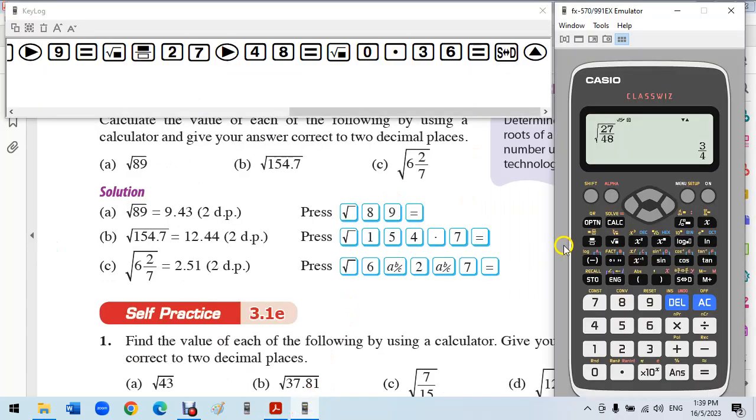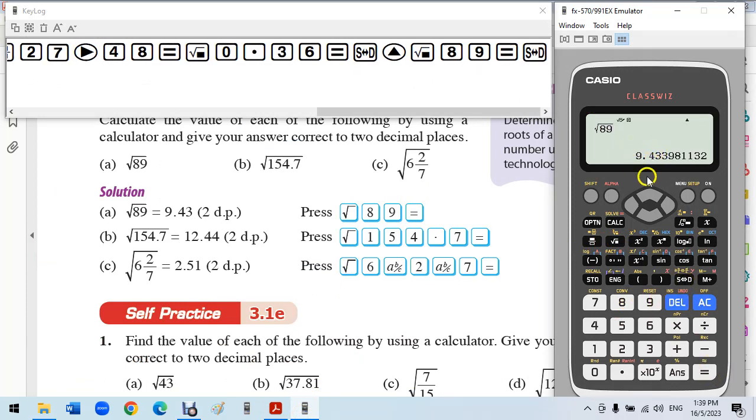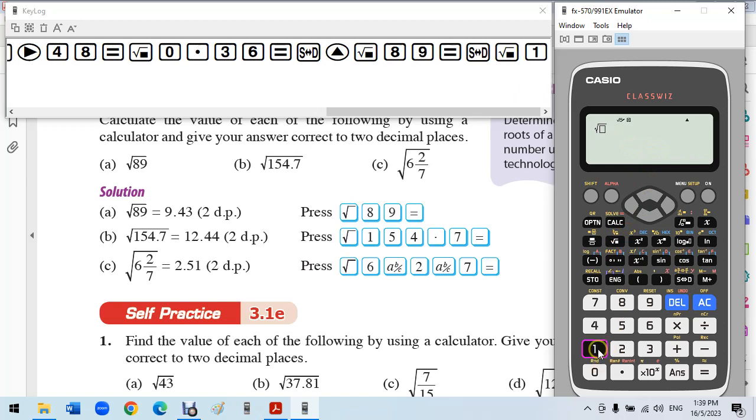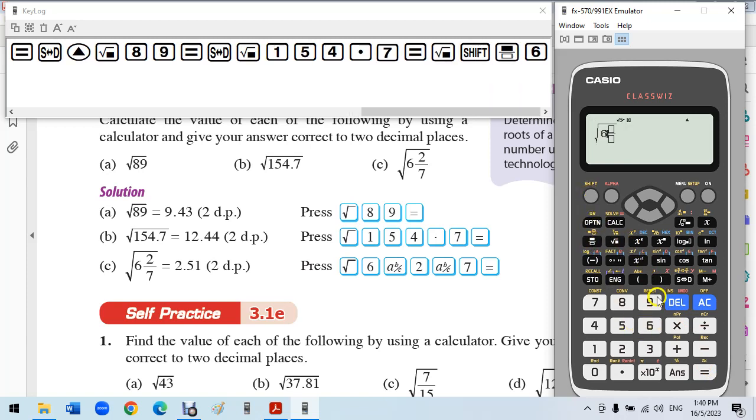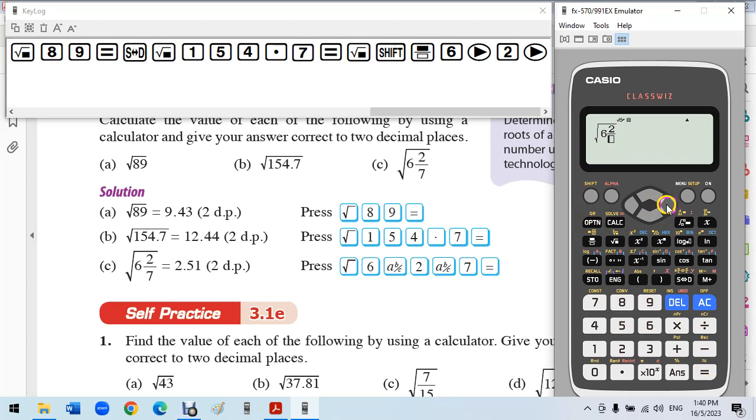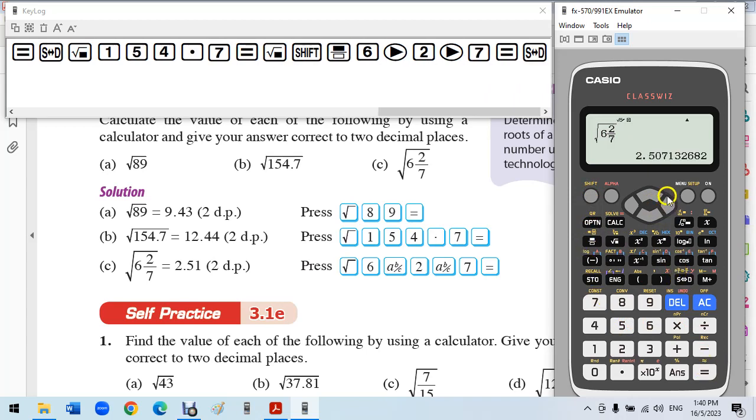so square root of 89, 9.43, square root of 154.7, and then we have this one, 627, 2.51.